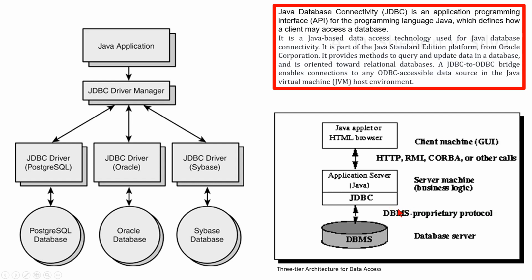Some of the features that make JDBC a server technology are its support for connection pooling, distributed transactions, and disconnected rowsets. The JDBC API is also what allows access to a data source from a Java middle tier.